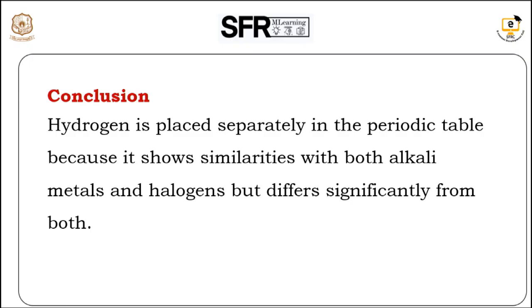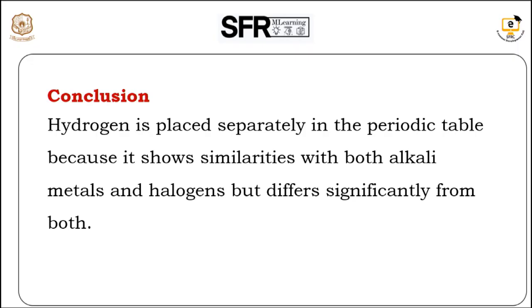The last point is the difference from halogens. Halogens have high electronegativity, but hydrogen has low electronegativity. Hydrogen does not form acidic oxides, but the halogens form acidic oxides. Hydrogen is also less reactive compared to halogens.